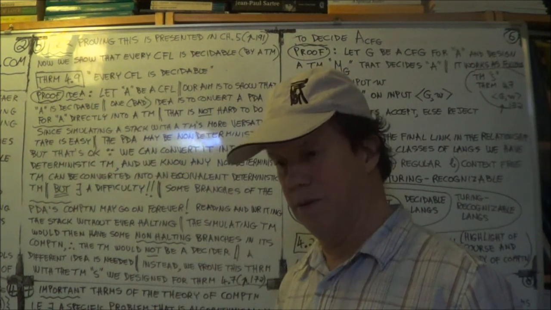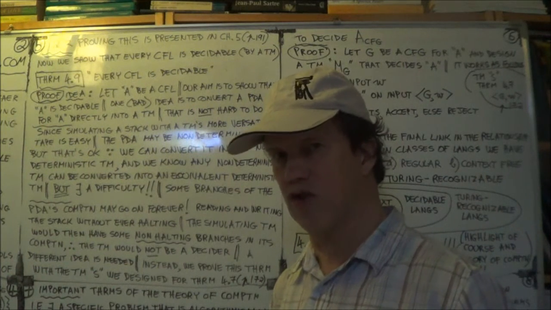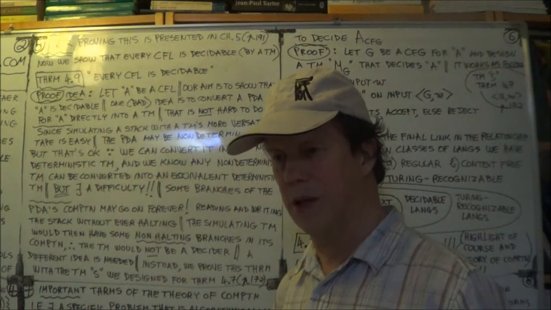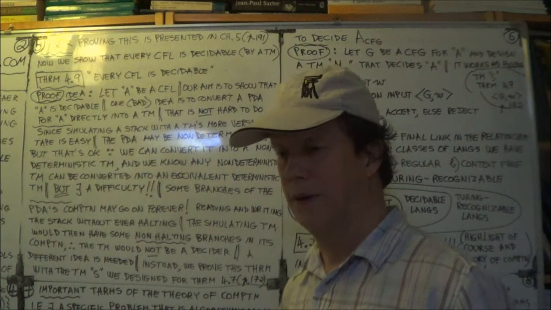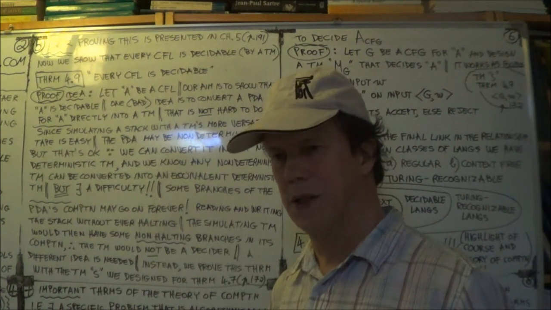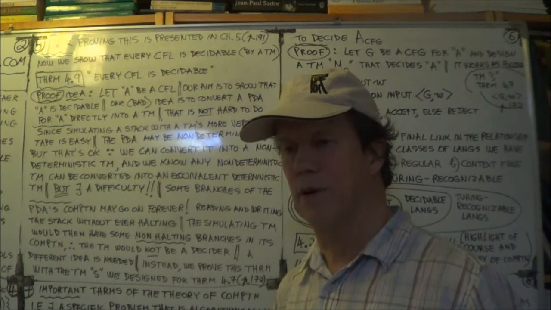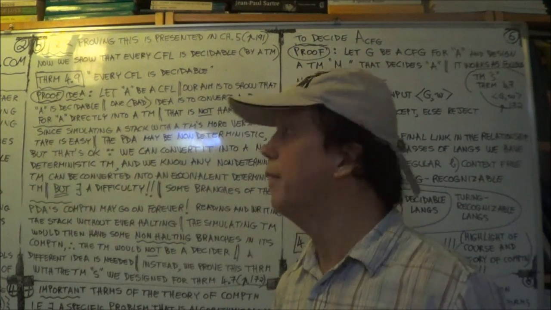It means you find a Turing machine that would accept every string of that language and would reject any other string that does not belong to that language. And effectively that would then answer the question: does a particular context-free grammar generate a string?